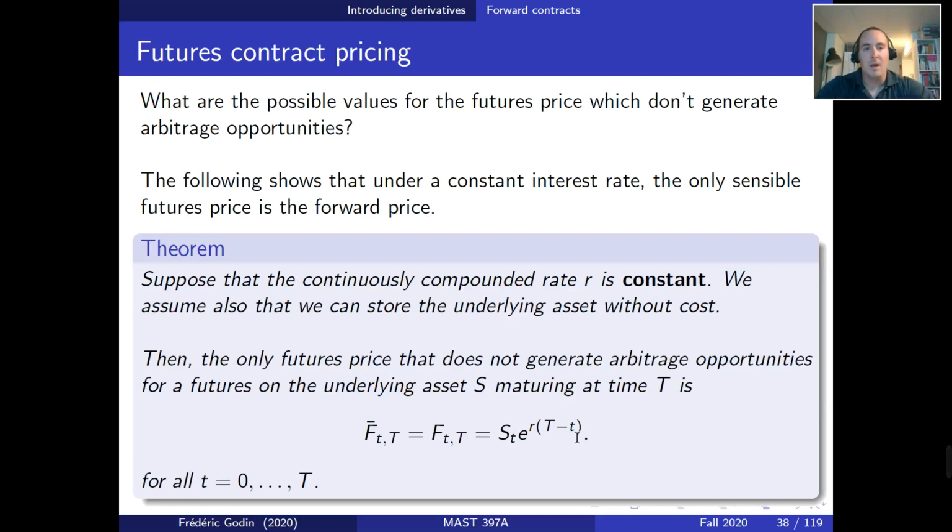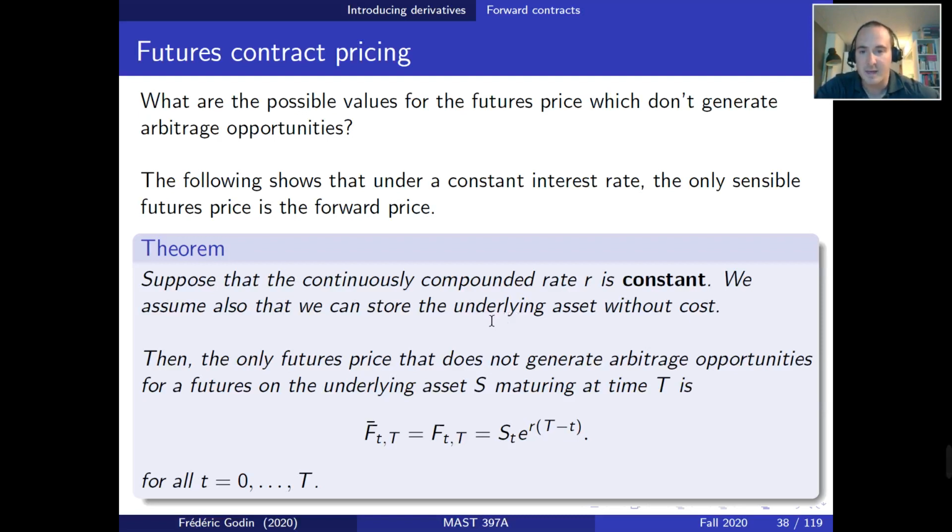To get this result, we must assume a constant interest rate R, where R is the continuously compounded rate. We must also assume that we can store the underlying asset without any cost. In this chapter, we assume everything can be stored without cost for as many times as needed.